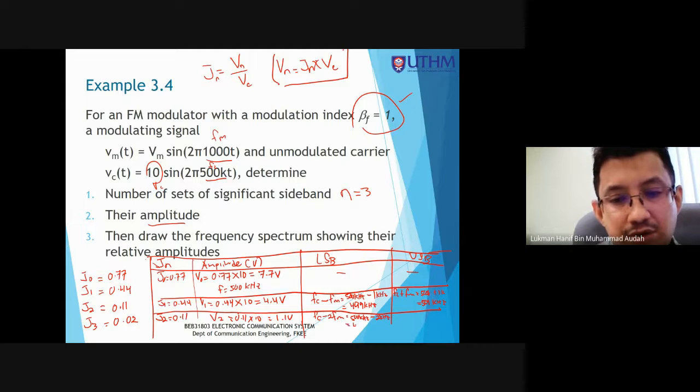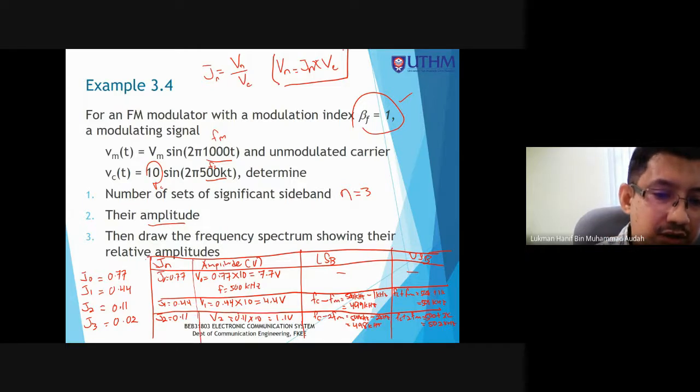So this is 498 kilohertz. This is FC plus 2 FM. This is 500 plus 2K. So this is 502 kilohertz.